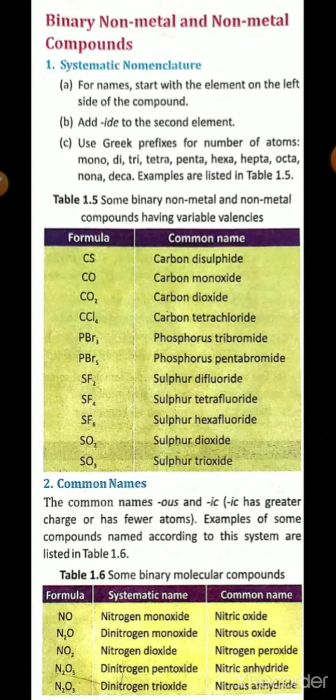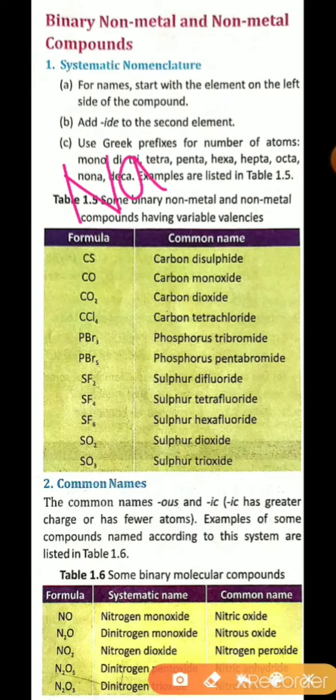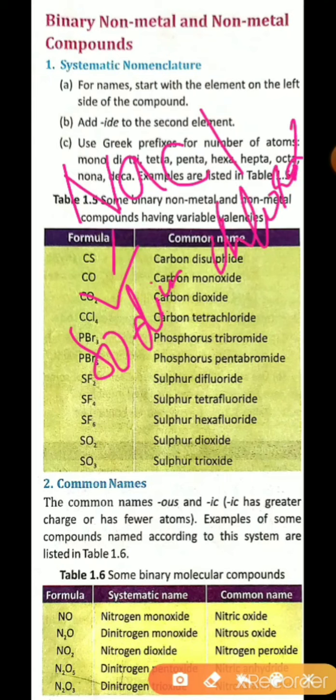For names, start with the element on the left side of the compound, and add IDE to the second element, like sodium chloride. So first we will start from Na, then Cl, that is sodium, and this one is chloride.